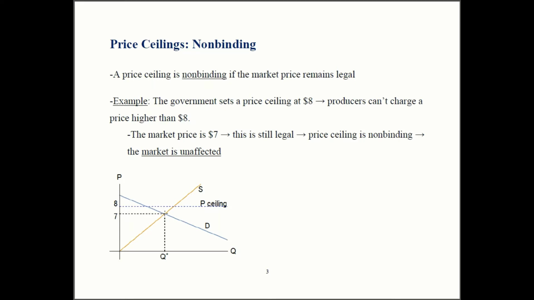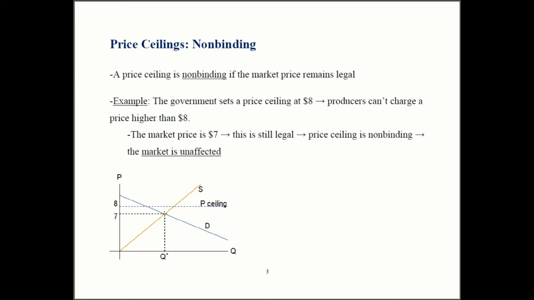Now let's suppose the government sets a price ceiling at $8. We just said the price ceiling is a maximum price, so the government's telling people you can't charge a price higher than $8. Prices have to be below $8. Well, the market price of $7 is already below $8, so nothing would happen at all.